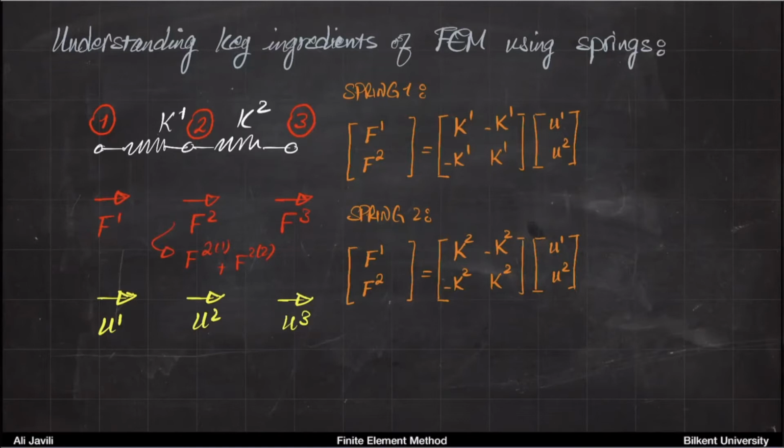What that means is that for the first spring, you need to write this 1 here. For spring 2, now we do F2 from spring 2 and F3. So this is the spring 2. And then the nodes here would be U2 and U3.